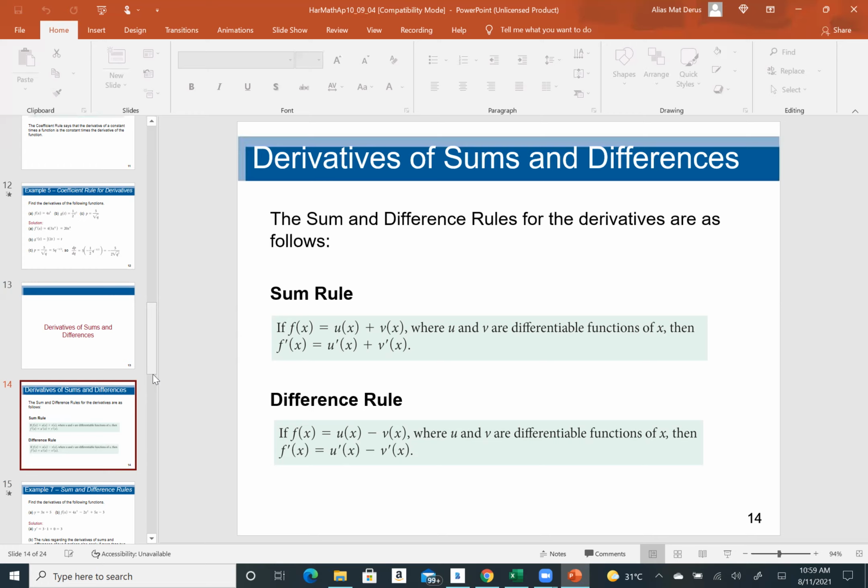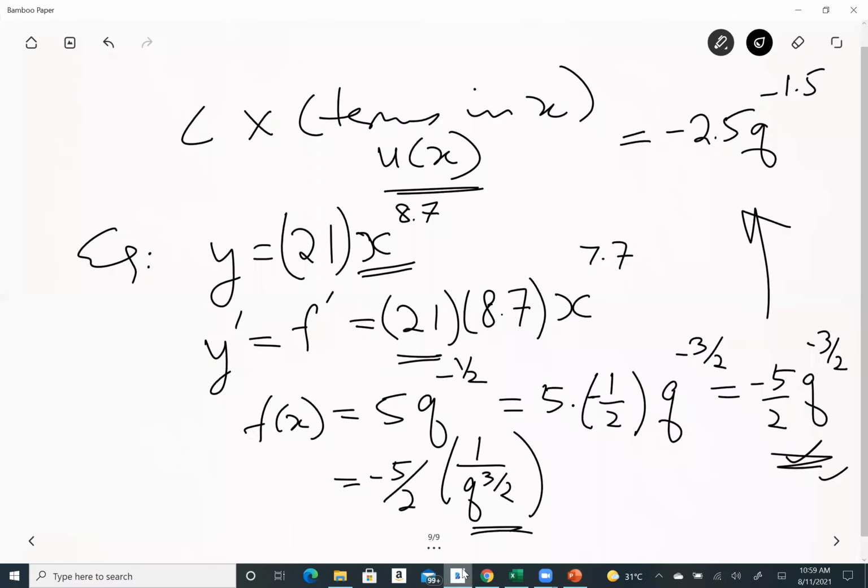You just worry about one term at a time. Okay. And then keep the plus sign. So you add all these derivatives. Differentiate one term at a time, and then add them up. Okay. So you have what?